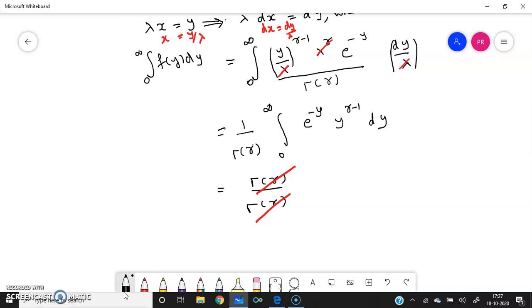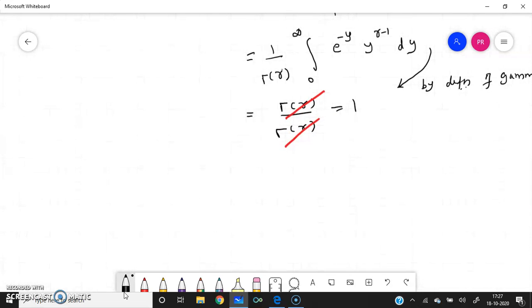So it will be equal to 1. This is by definition of the gamma function. That is how we got gamma of r.